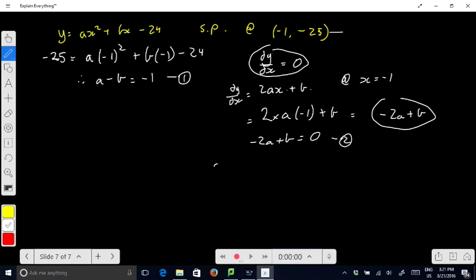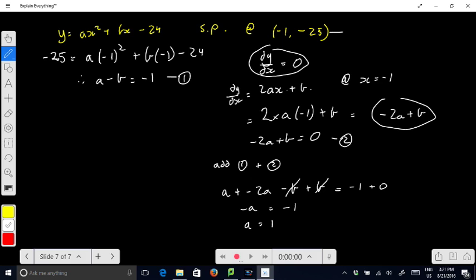If I add equation 1 and equation 2, I'll have a + (-2a) - b + b equals -1 + 0. So I get -a equals -1, so a has to equal 1.